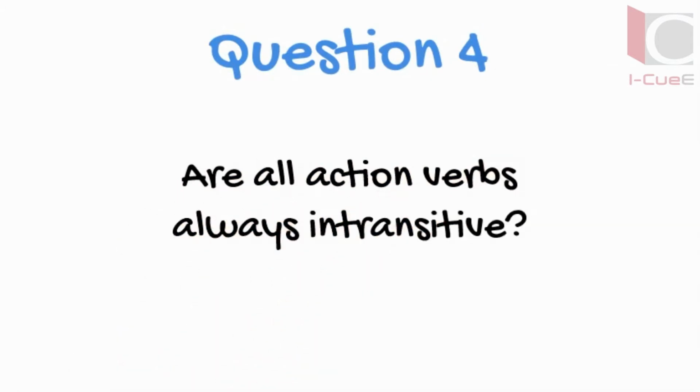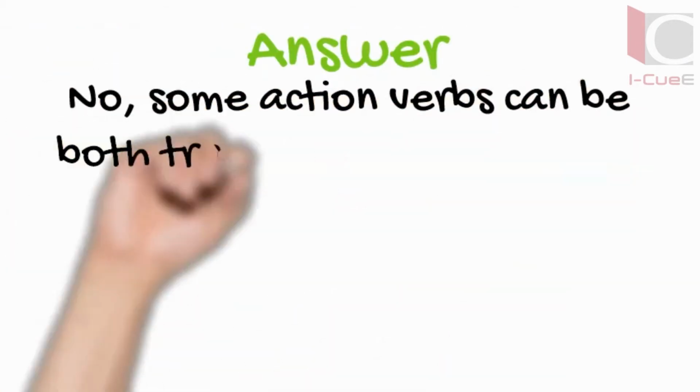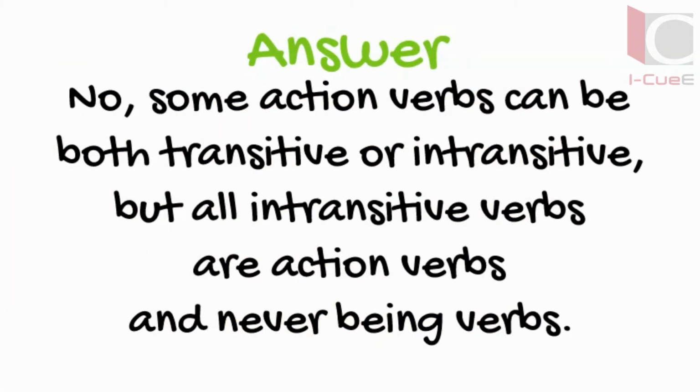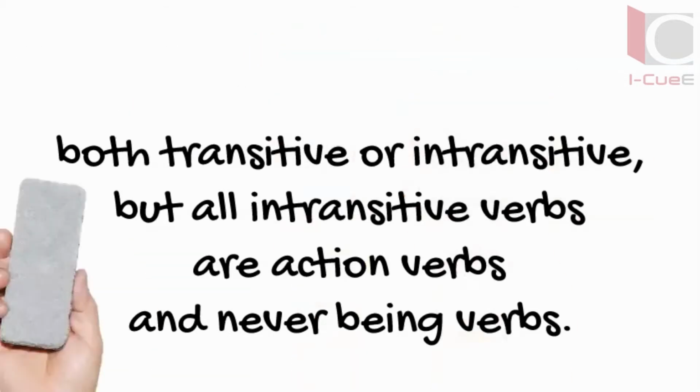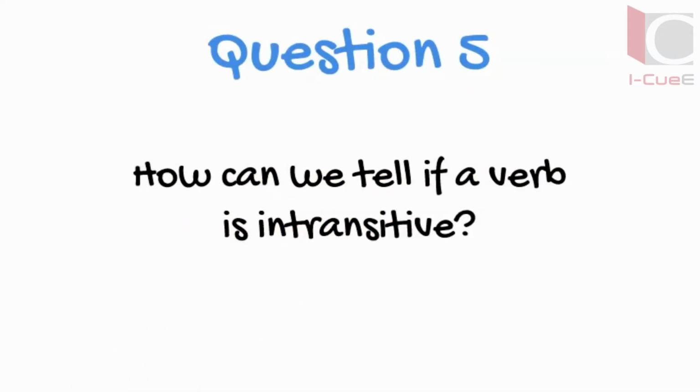Are all action verbs always intransitive? No. Some action verbs can be both transitive or intransitive, but all intransitive verbs are action verbs and never being verbs. How can we tell if a verb is intransitive?